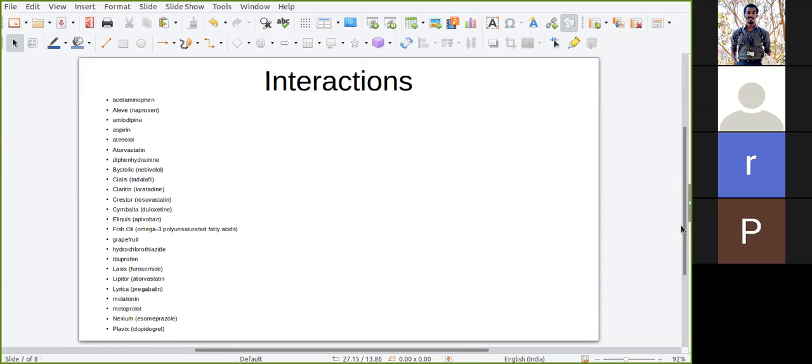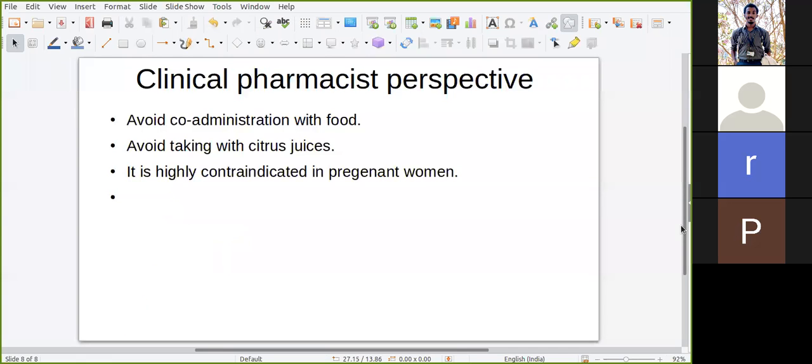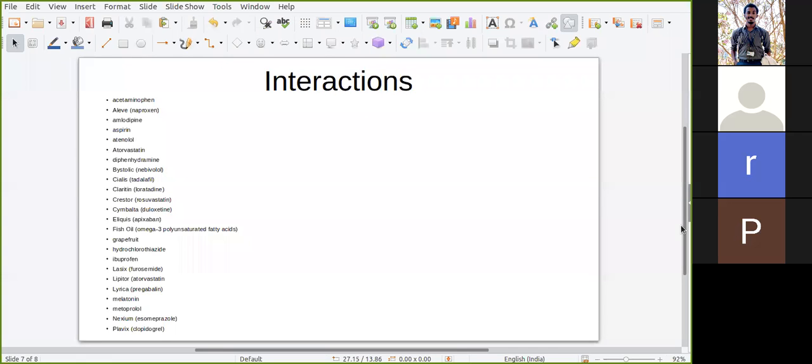It has one interaction with the angiotensin receptor blockers, but I did not read about the exact mechanism, so I will check and inform you about that. And yes, it interacts with grapefruit also.